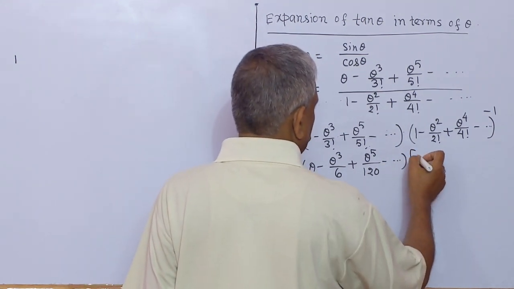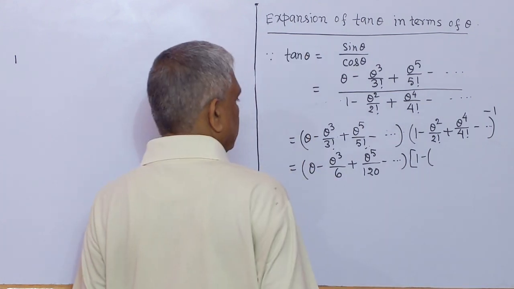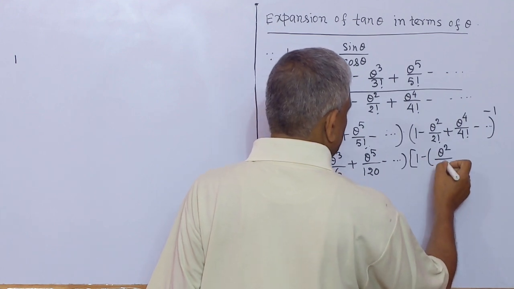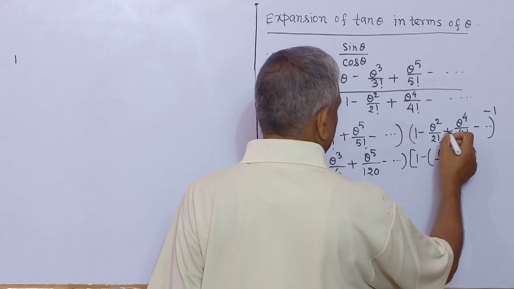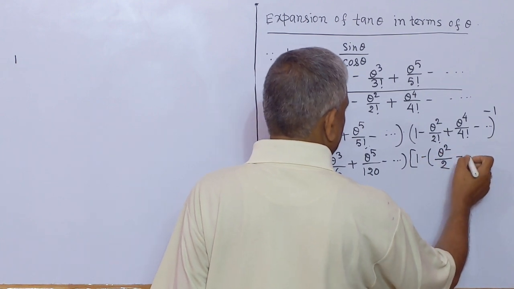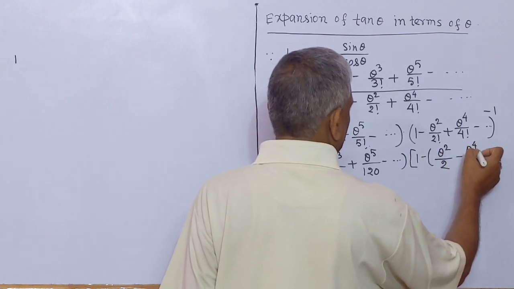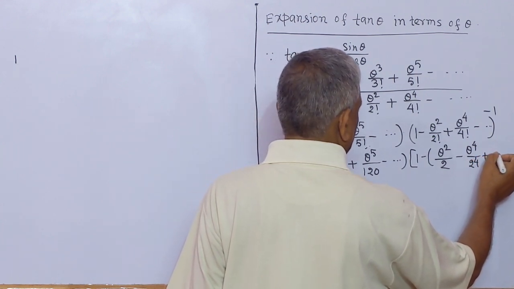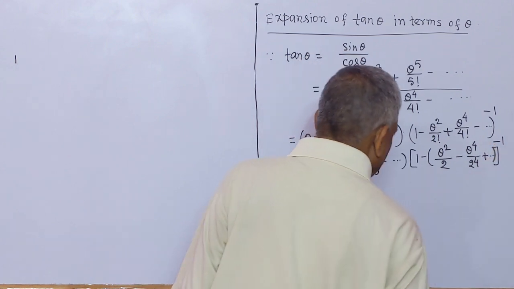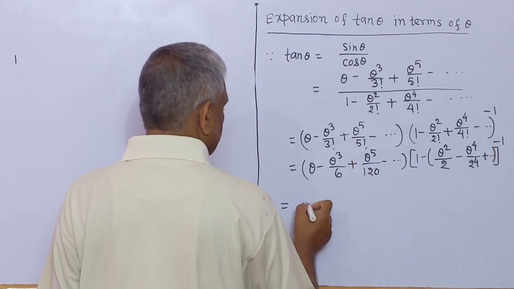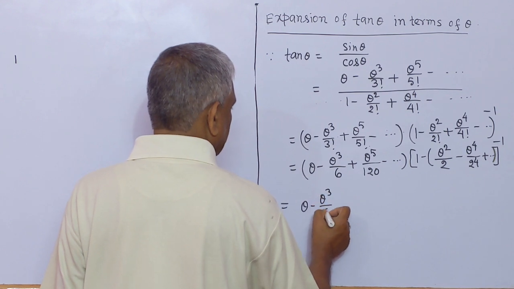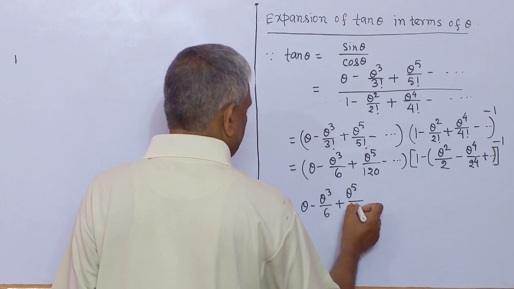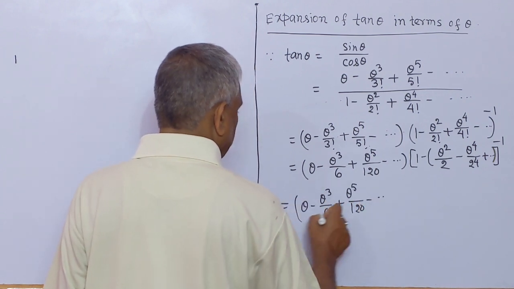Here we take 1 minus bracket theta square by factorial 2, which means 2, here plus and here minus, so minus theta to the power 4 by factorial 4, which is 24, plus dot dot dot, to the power minus 1. This may be written as theta minus theta cube by 6 plus theta to the power 5 by 120 minus dot dot dot dot.